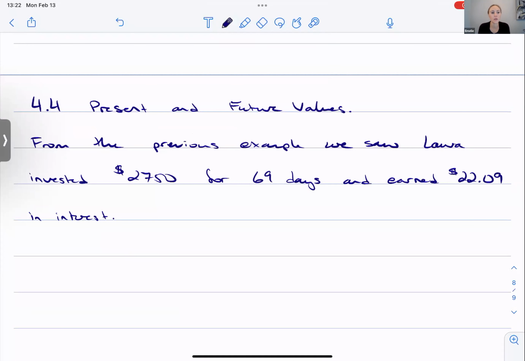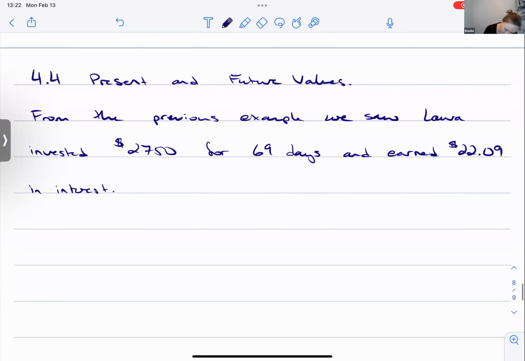Okay. Which means that the future value is what we're going to call it, right? So the future value of $2,750 after 69 days is $2,750 plus $22.09.